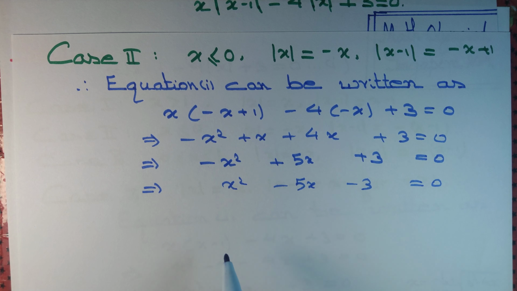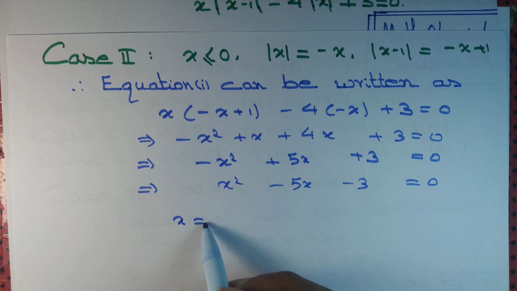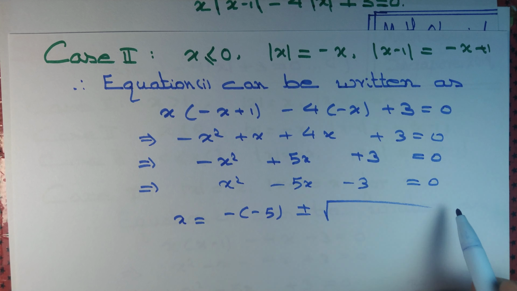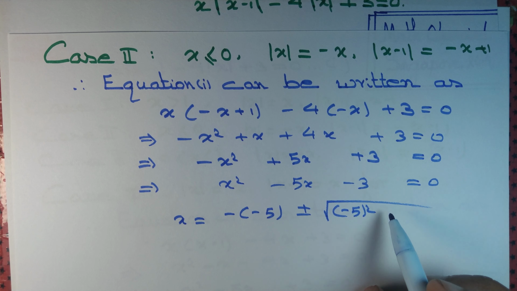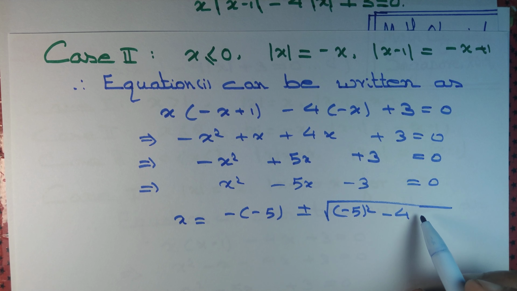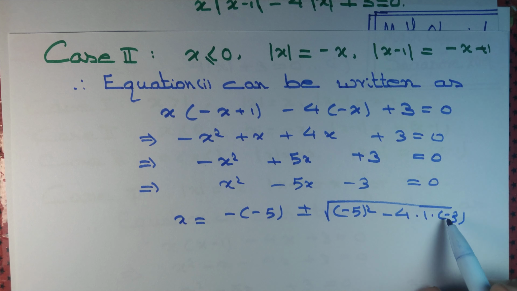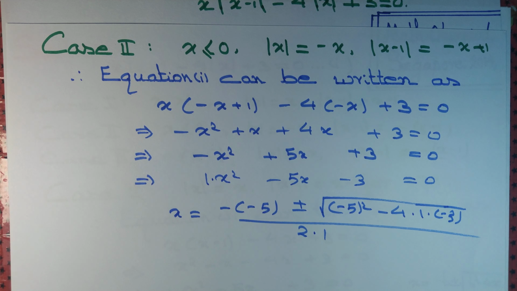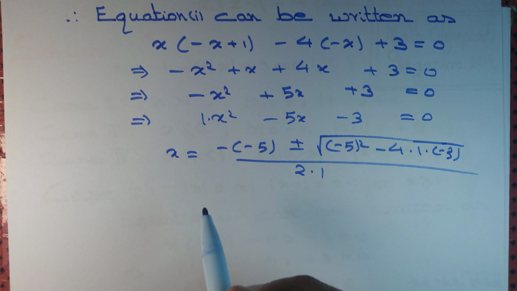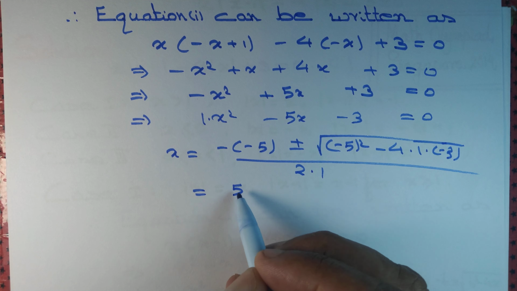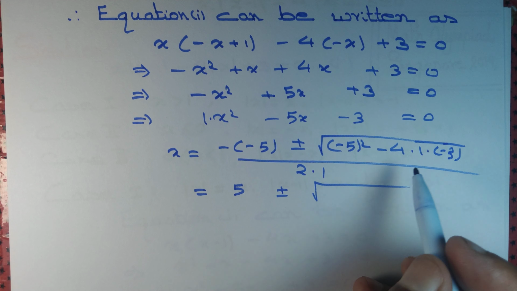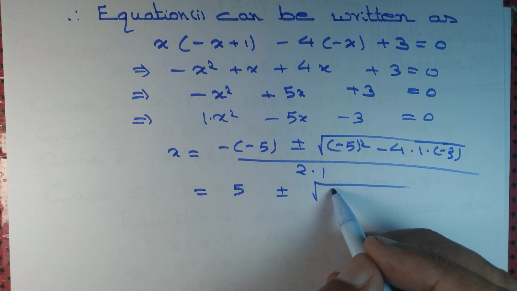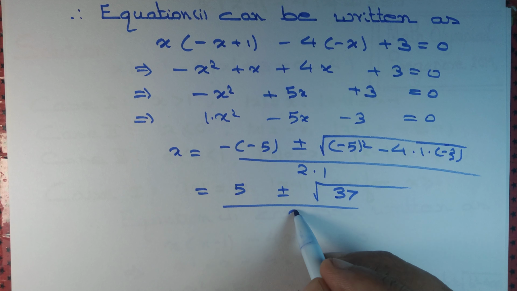Once again, this is a quadratic equation. Roots are given by x equal to minus b, so minus of minus 5 plus minus root over (minus 5) whole squared minus 4 into 1 into minus 3, divided by 2 into 1. Let's simplify it. Minus of minus 5 is plus 5, root over 25 plus 12. 25 plus 12 is 37, by 2.